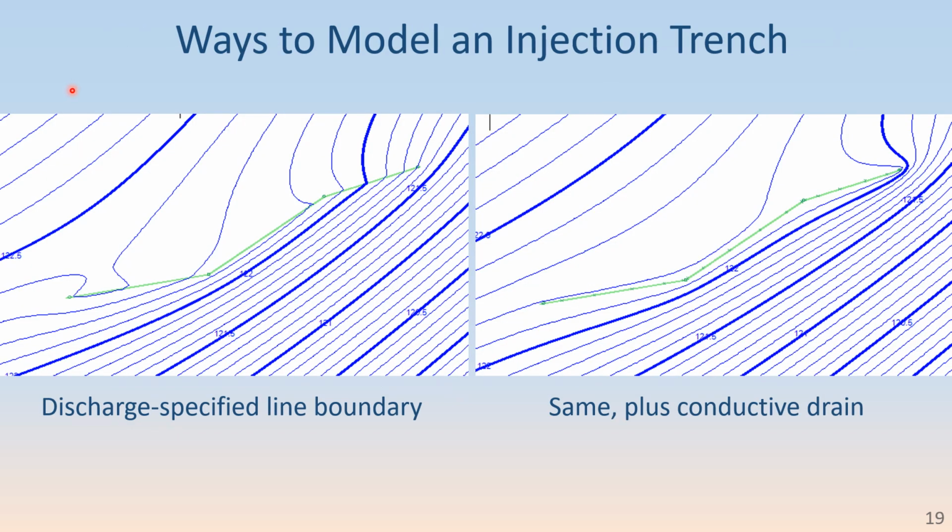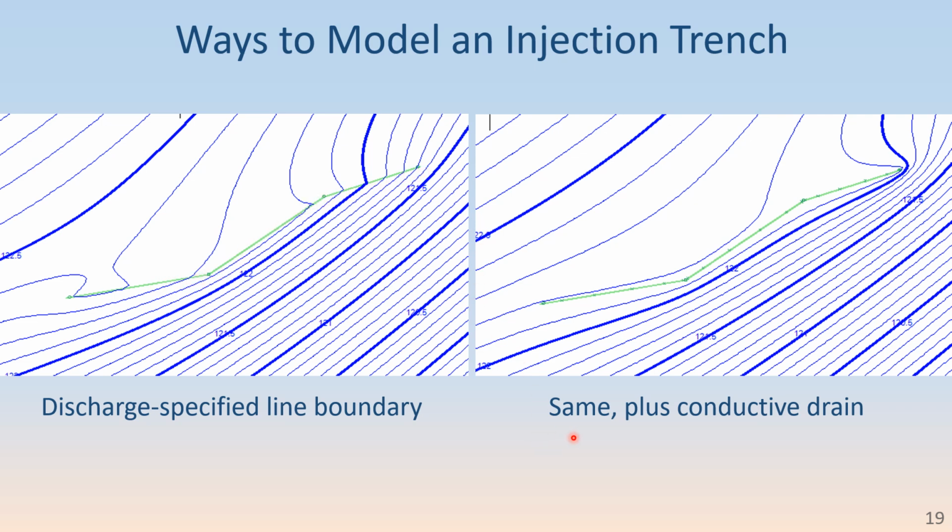Here's a comparison of the final two ways in the previous slide. On the left is a discharge specified line boundary where the discharge per length is consistent along it, but as you can see, the head varies along it here.